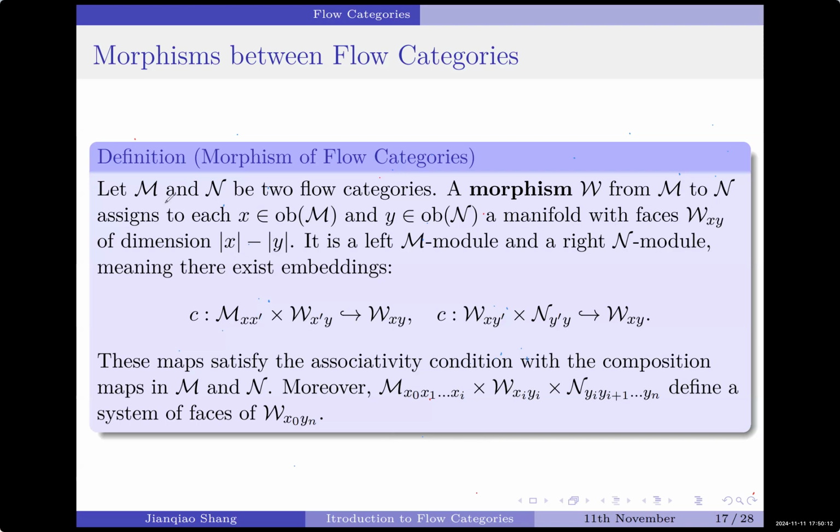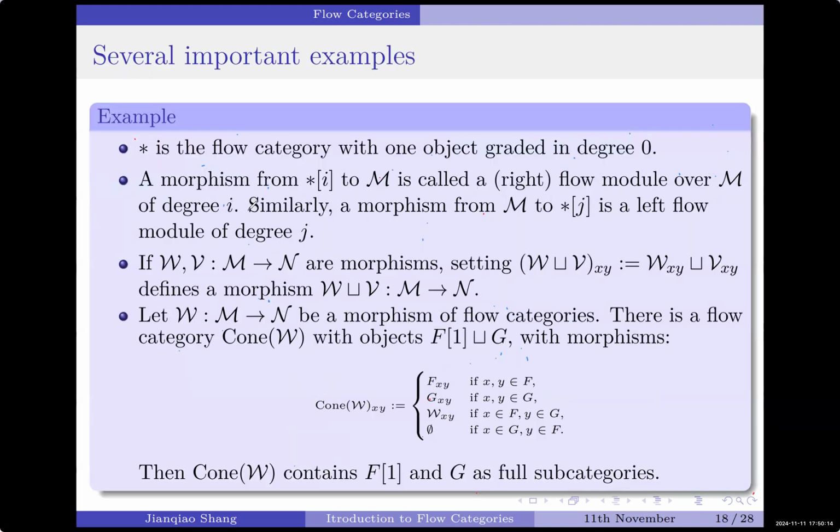Time is a little tight, so here are the examples. We just see the most important example. By definition, if I have two morphisms, by disjoint union pointwise, you can get another morphism.